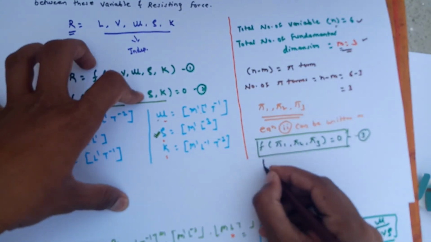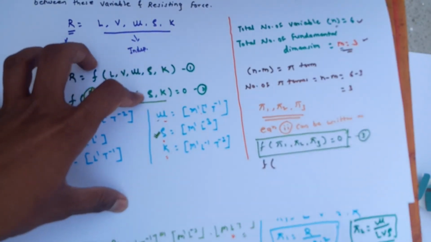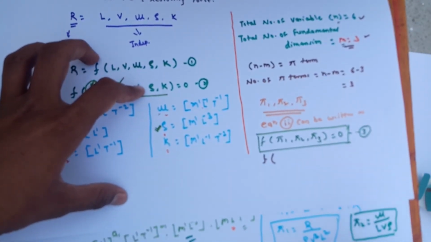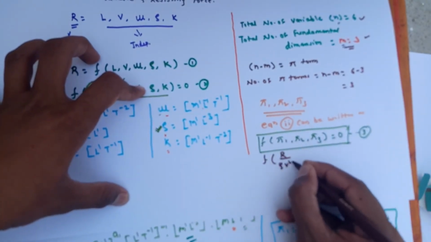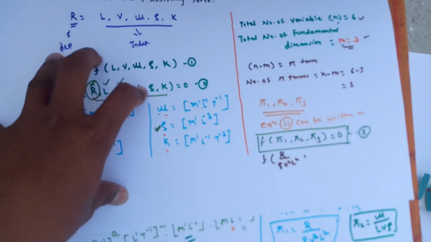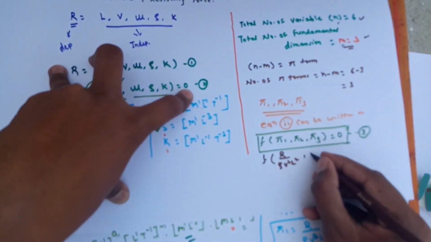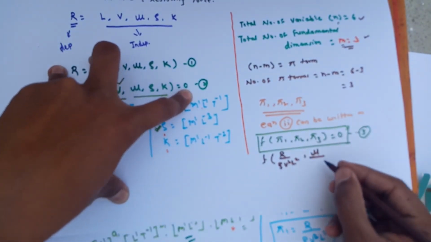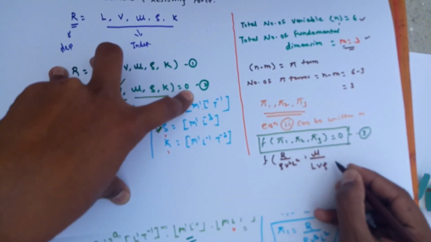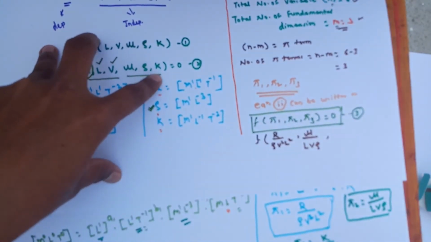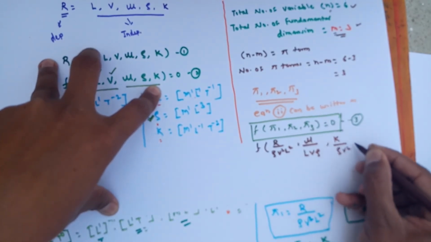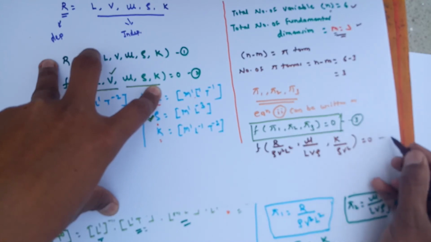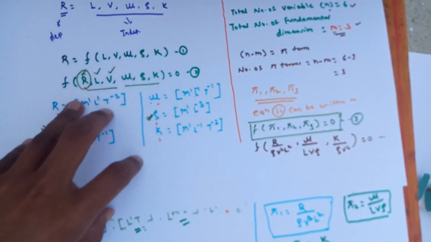I will get the function of pi 1, that means r upon rho p square l square, comma pi 2, mu upon l p rho, comma pi 3, k upon rho p square, is equal to 0. So this will be the equation number 3.